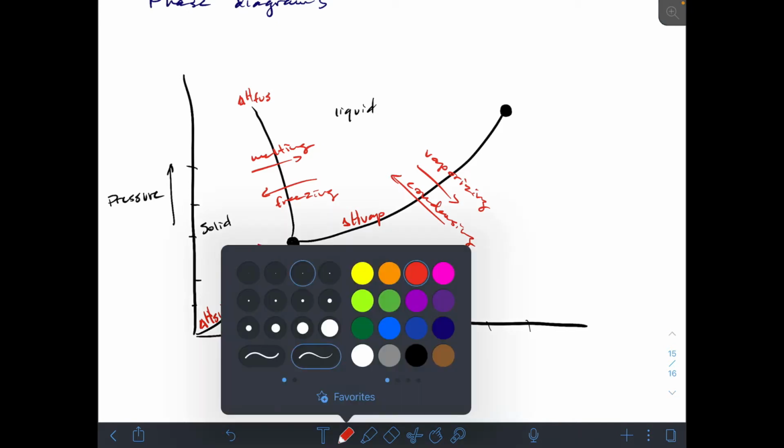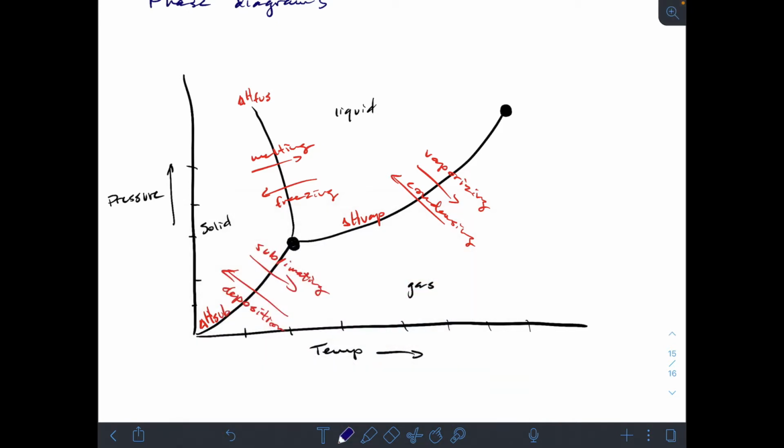Say I'm talking about a transition from gas to liquid, starting right here in the gas phase at a certain pressure and temperature. Let's say I leave the temperature where it is, and I increase the pressure. As I go along that line, my pressure is increasing, my molecules are getting closer together.